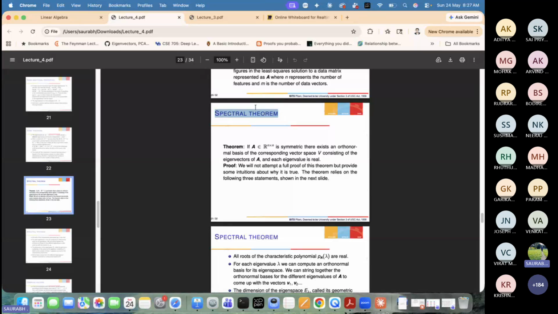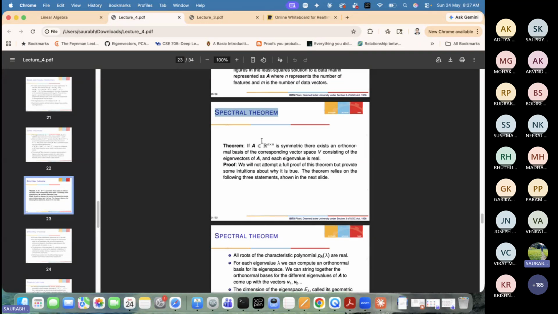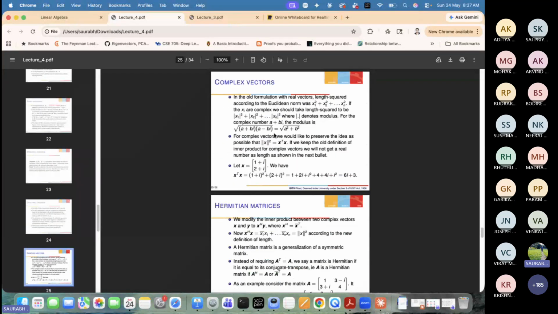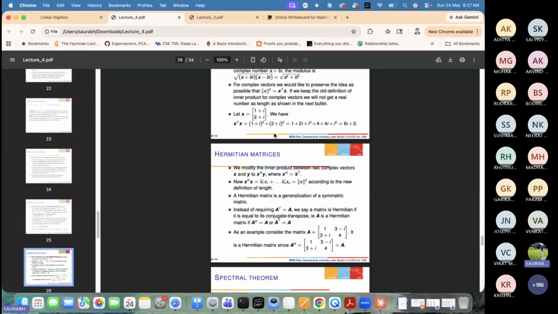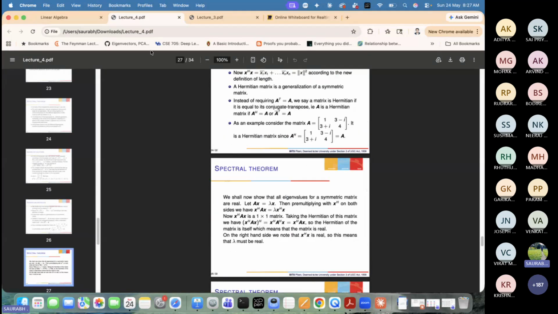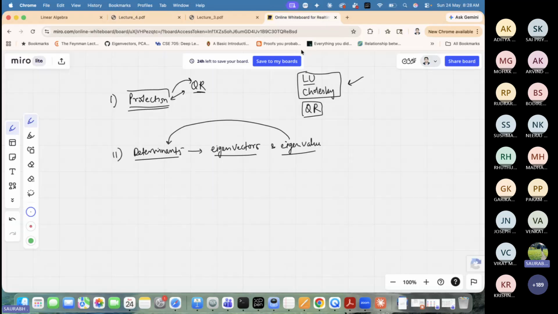I might not have added it, but you already have the companion doc for lecture 4. So you'll understand the spectral theorem and all, which is included here. This is what we'll not be able to complete. If somehow we are able to get into this, I'll just give you an intuition. But my belief is we'll not be able to get to the spectral theorem. So with that, let's get started on projection first. Okay.